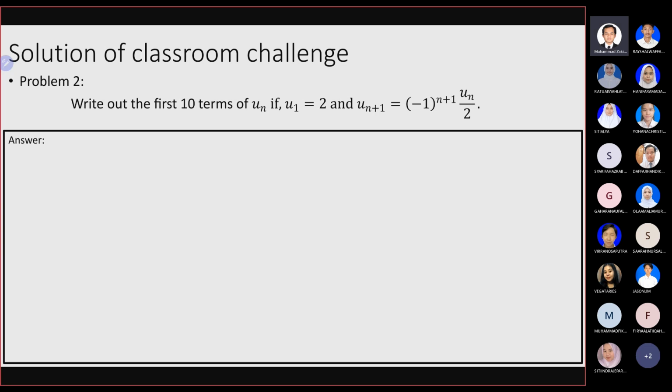Write out the first 10 terms of un if u1 is equal to 2 and un plus 1 is equal to minus 1 power n plus 1 times un over 2. So here we have 2, and then u2 is equal to minus 1 power 2 times u1 over 2.